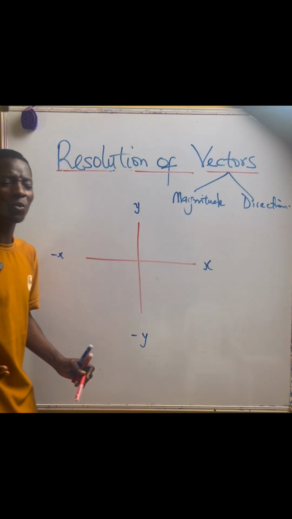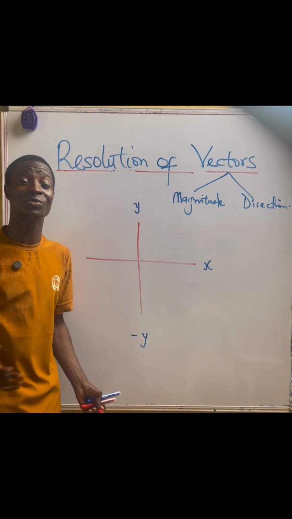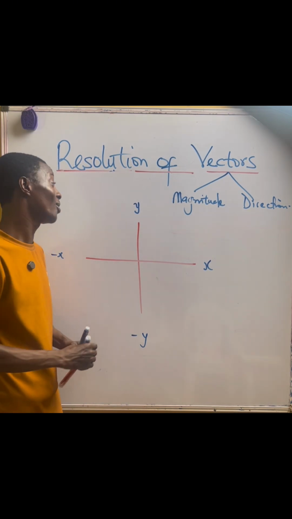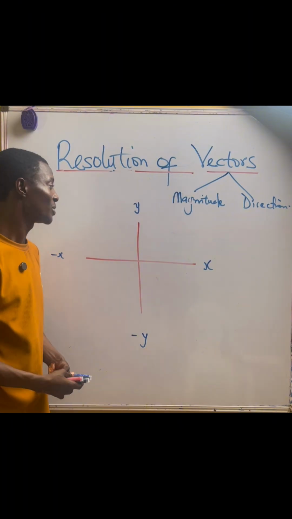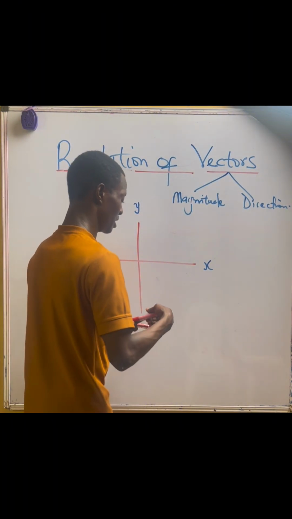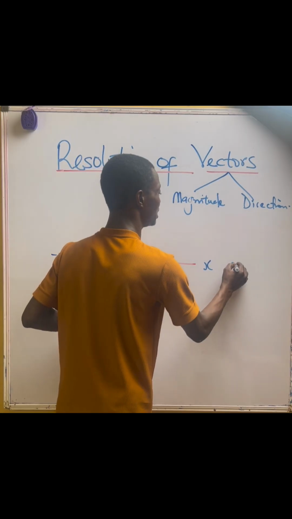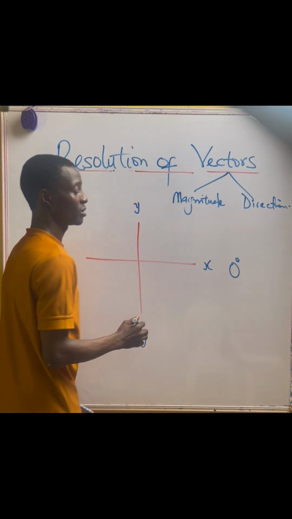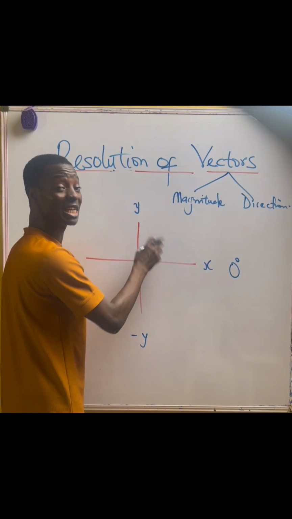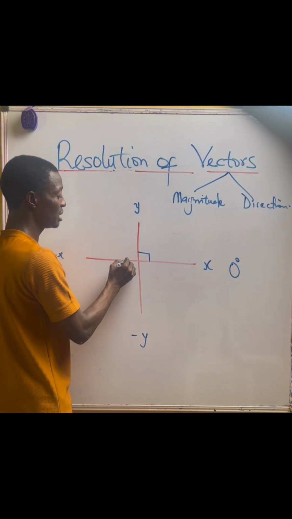Of course, that's how we've been plotting our graphs since primary school, and we need to know now how it all goes. Note that this point here is 0 degrees. So I'm starting from here. From here to this place is 90 degrees. Here is 90, here is 90.